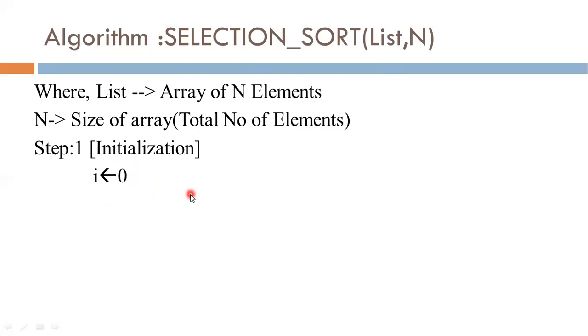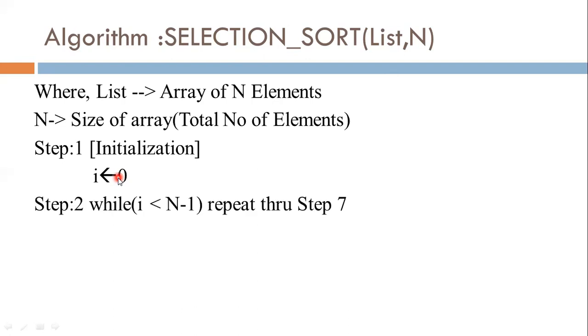But in our example, we can see that steps number 1, 2, 3, 4 mean I start with 1, and here I start with 0. So I denote the number of passes or number of steps required in our array for selection sort.